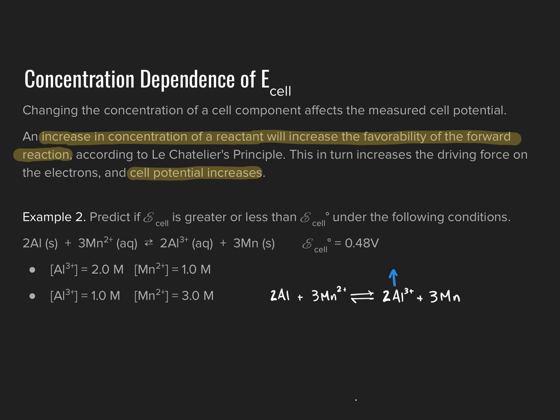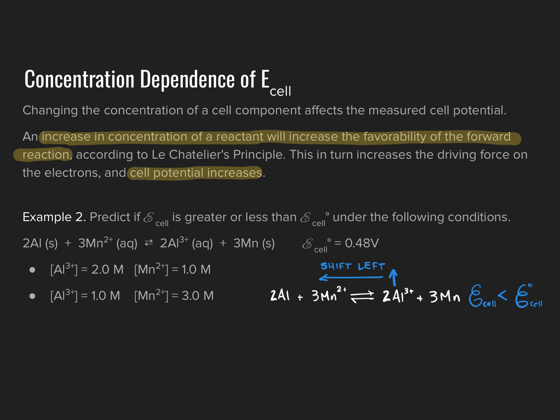By Le Chatelier's principle, an increase in concentration of a product should increase the rate of the reverse reaction, driving the reaction to the left, which would decrease the driving force on those electrons in the forward direction, and as such, I would expect this system to see a cell potential less than the standard cell potential that was given in the example.